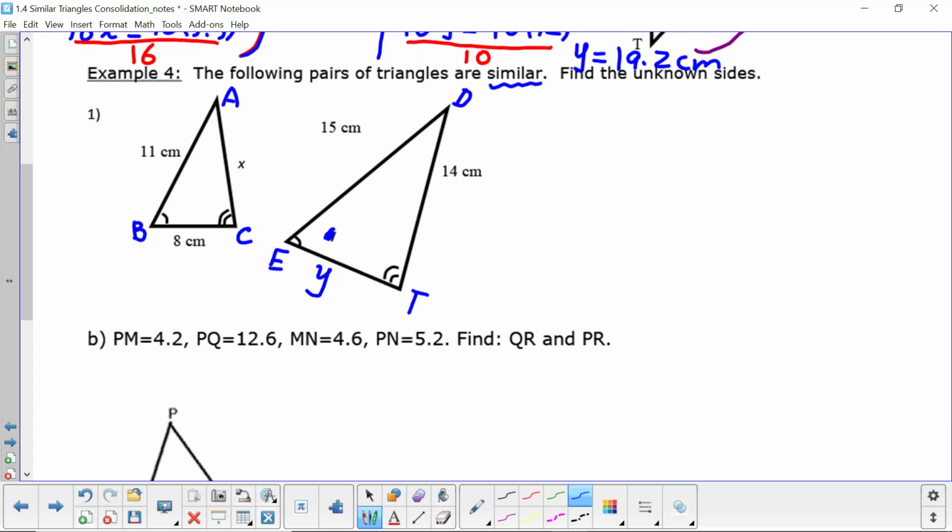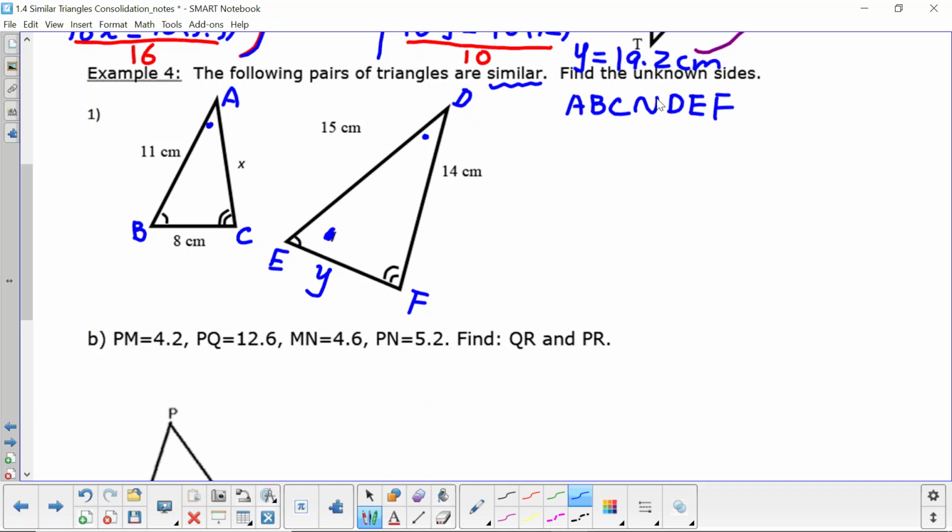If we don't label it, then we don't know which side corresponds to which side. So we label this one, then we know angle B equals angle E. So B and E correspond. C and F correspond. These two angles are equal, then A and D will be equal.